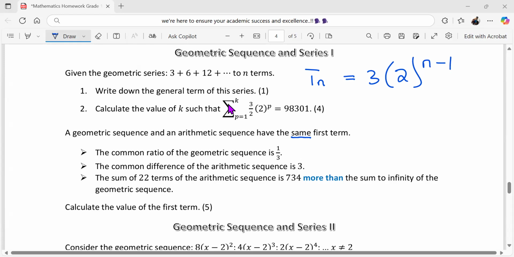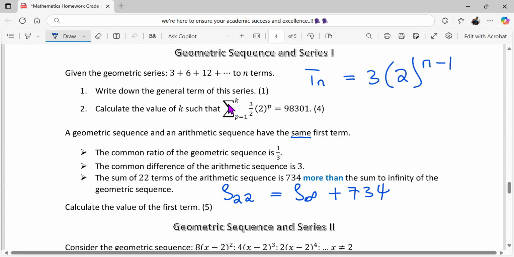What does this mean? It means if you take the sum to infinity and you add 734, then you get the sum of the 22 terms in the arithmetic sequence. More than, you add; less than, you subtract.